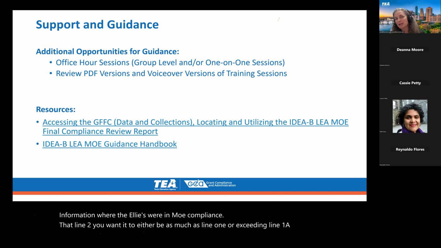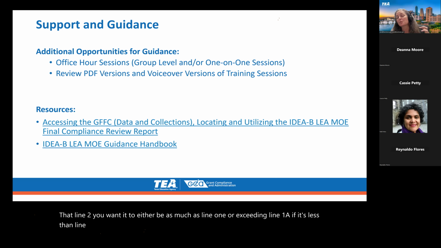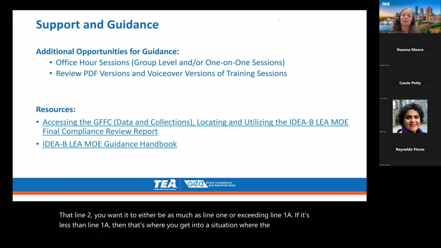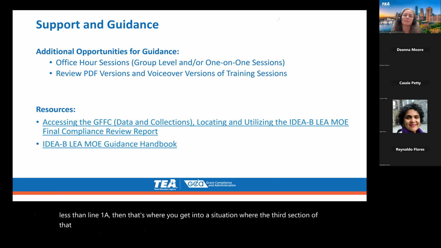If it's less than line 1A, then you get into a situation where the third section of that schedule is activated, and that's where you would need to select an allowable exception.